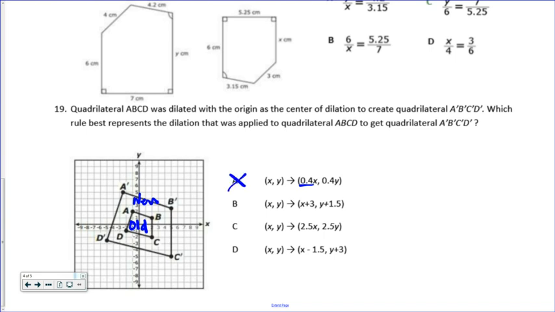Okay, we also know that when you're talking about dilations, it has to be multiplying. So B is crossed out because you're adding, and D is crossed out because you're adding and subtracting. The only thing that you can use for dilations is multiplication, so you're only left with C. You could have also figured that out by setting up your ordered pairs.